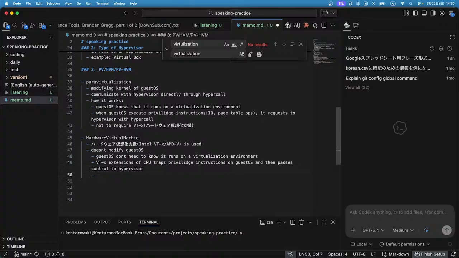And for IO devices, I/O devices are emulated.